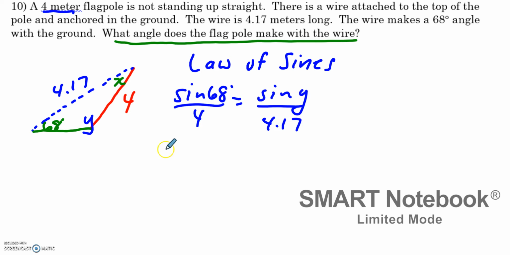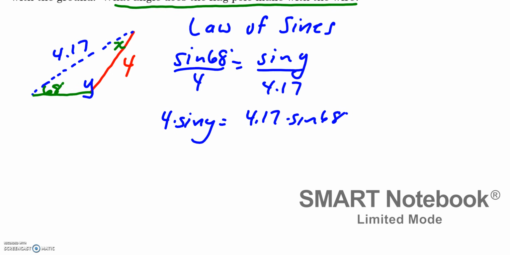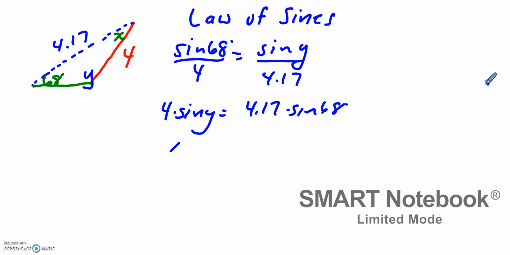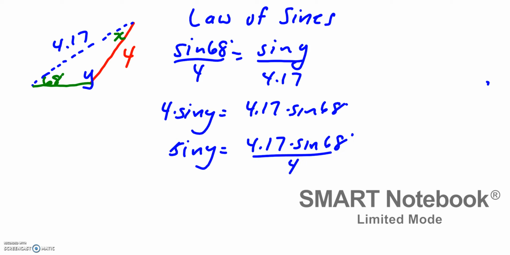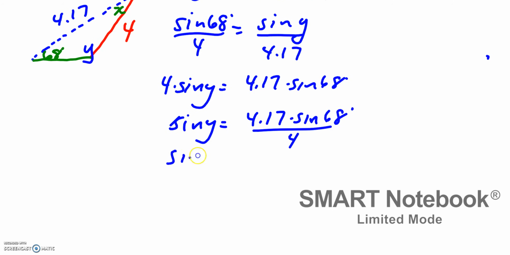If I cross multiply, I would get 4 times sine y equals 4.17 times the sine of 68 degrees, which means that the sine of y is equal to 4.17 times the sine of 68 degrees over 4, which in the calculator would look something like this.